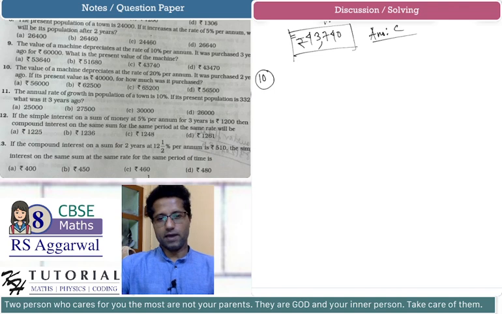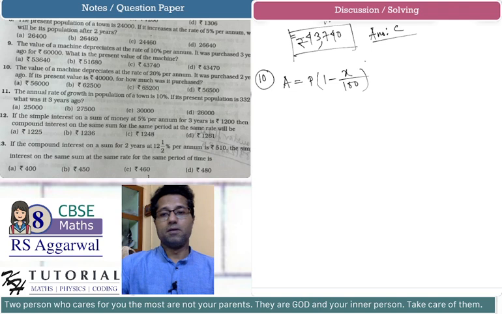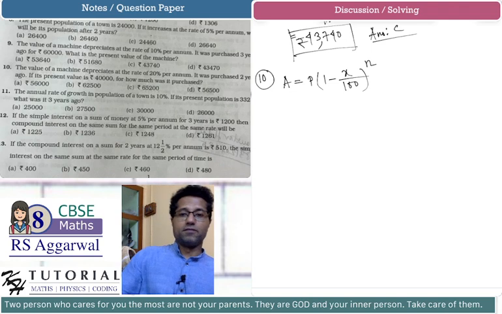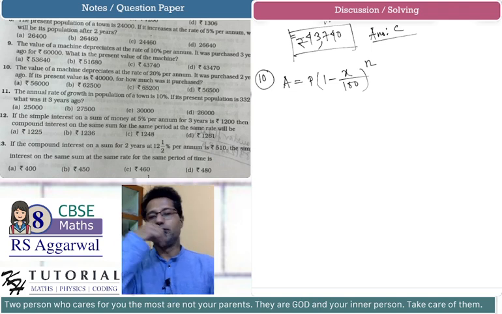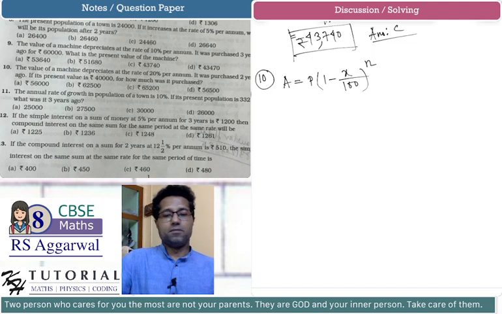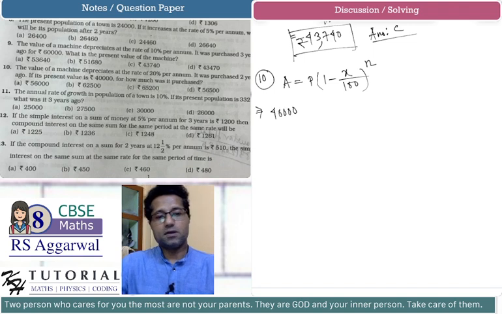So we have the formula A is equal to P multiplied by (1 minus x by 100) to the power n, where x is the rate of depreciation of the value and n is the duration. So A is given to be 40,000 because its present value is 40,000, and it is asking the value 2 years ago.